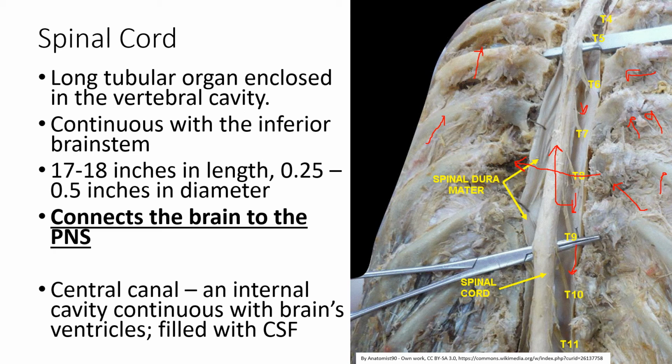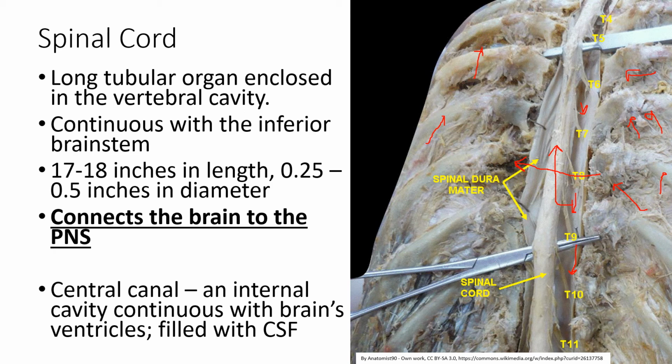So this is a long tubular organ enclosed in the vertebral cavity. It's continuous with the inferior brainstem. It's not as long as you think. It's only about 17 to 18 inches, and it's less than half an inch in diameter, so it's really quite thin. The main function of the spinal cord is to connect the brain with the peripheral nervous system.